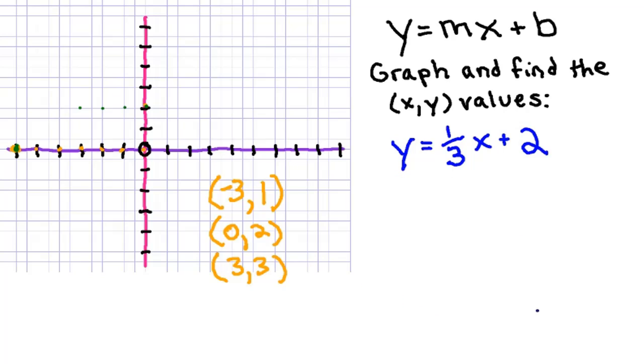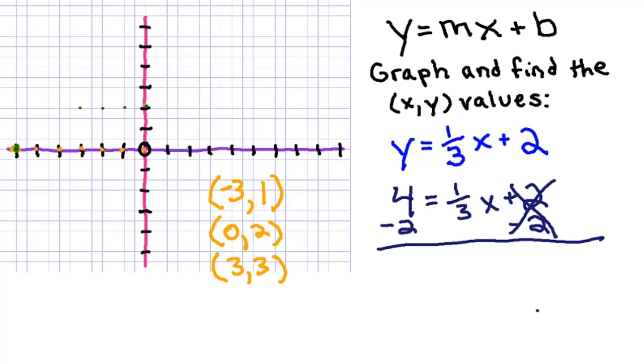Now let's do this one more time so we get 4 sets of coordinates here. Let's make y 4 this time. Y is 4, equals 1/3 x plus 2. Alright, so first we need to get rid of this 2 by subtracting it from both sides. So that gives us 4 minus 2 is 2 equals 1/3 x.